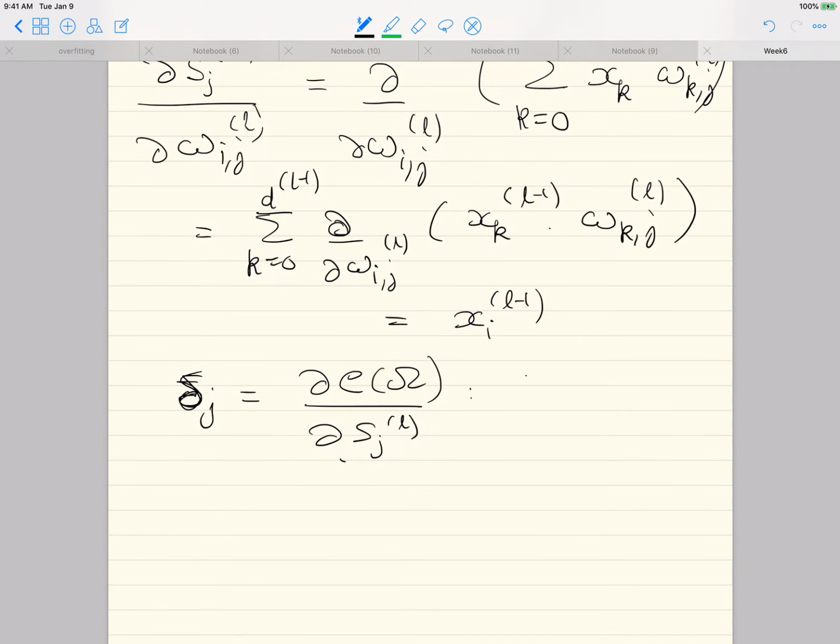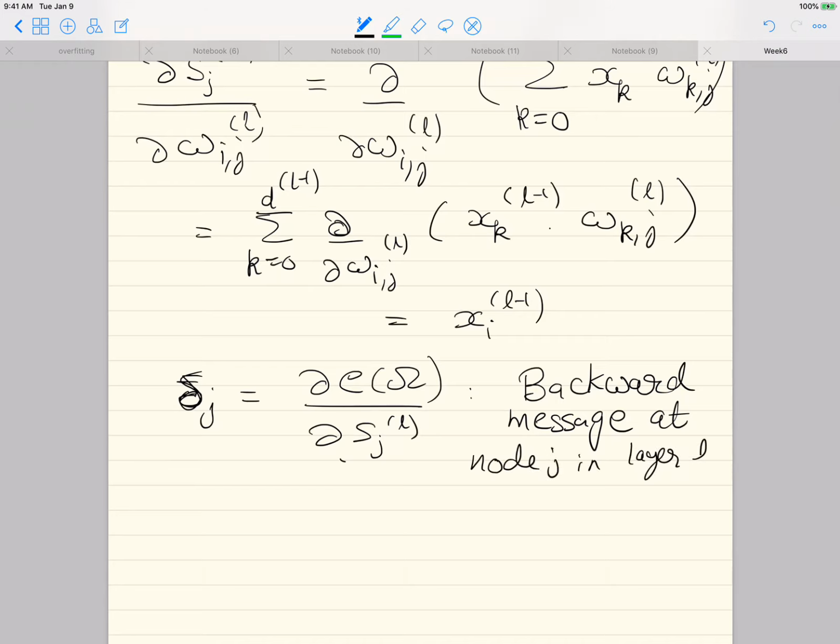This will be referred to as the backward message in the neural network. It will be the backward message at node J in layer L. This will have a significance because this will be computed recursively using the backpropagation algorithm in a backward way. So we'll start at the output layer and then make our way backwards to the input layer. And delta J of L will have a significance of being a backward message at this particular node.